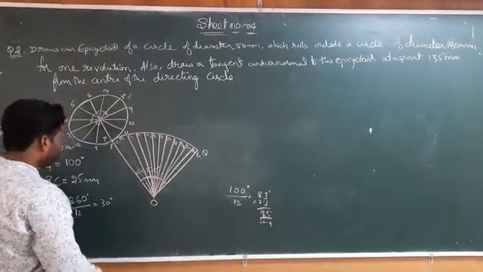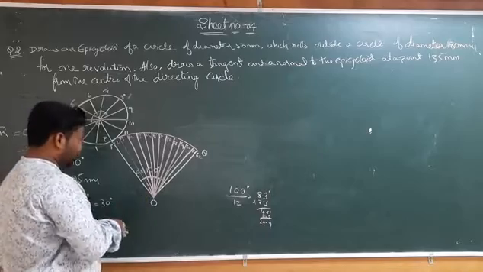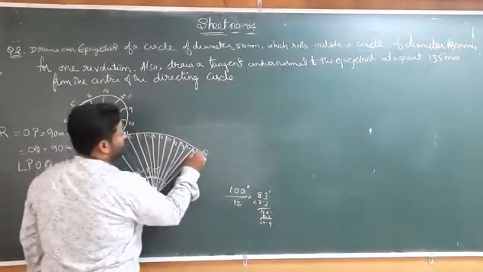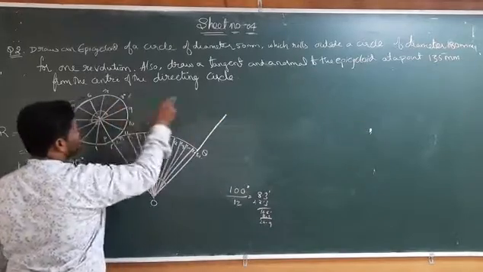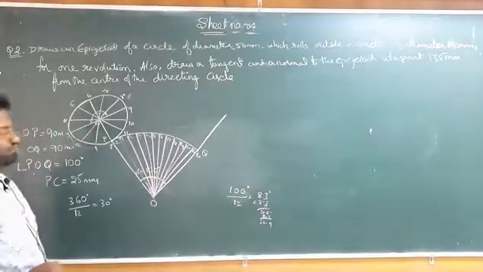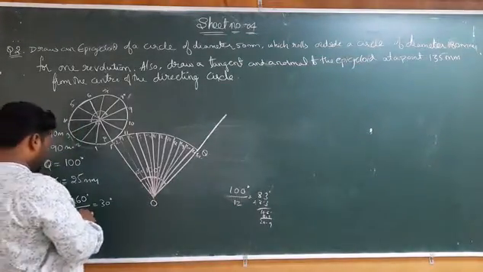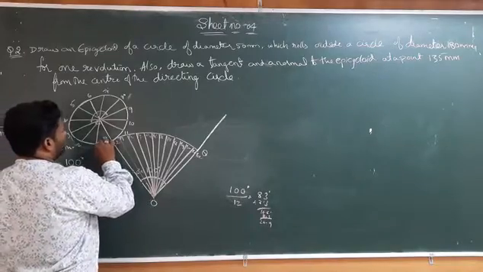Now after that, we have to draw the arc. We have to extend this line also from here to here, like again 25. That is PQ, and from here 6 to 6 we have to extend some lines up to 50 mm from Q. After that, we have to draw the arc from 1 to 11.